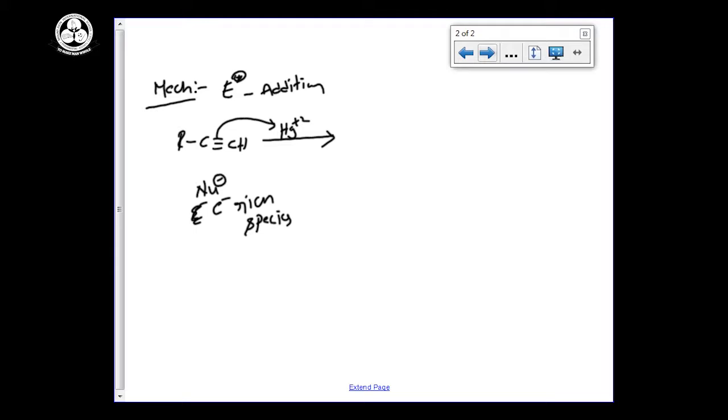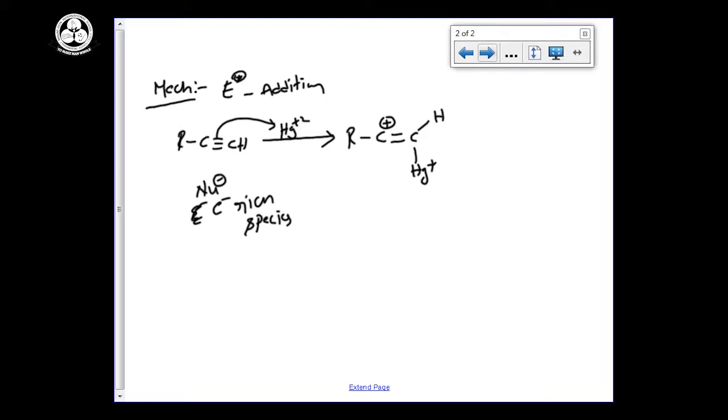Then it can form like this: R, C, this is plus, this is a double bond, C, H, and here there is Hg. Electrons are donated, meaning one electron only it can donate. Now it becomes plus.